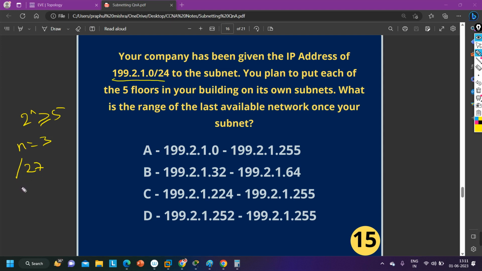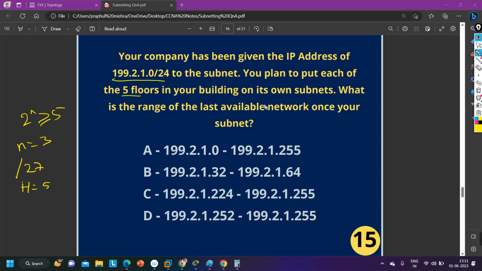If the slash value is 27, that means the host part is 5. Excuse me, why did you say 2 to the power of something greater than or equal to 5? Because here 5 is required.